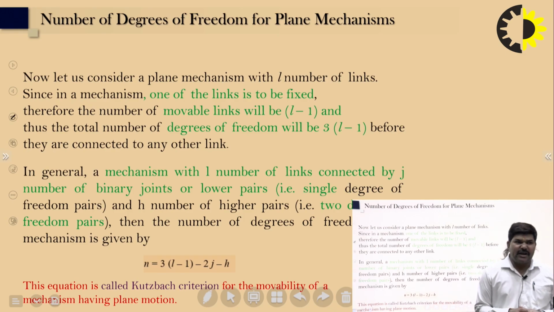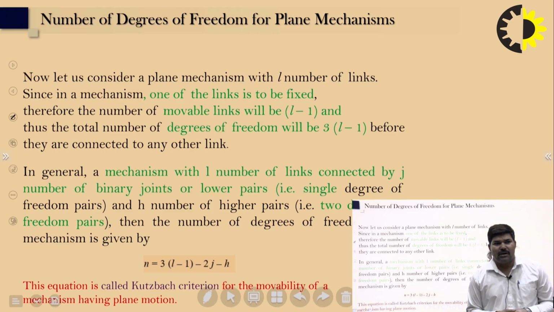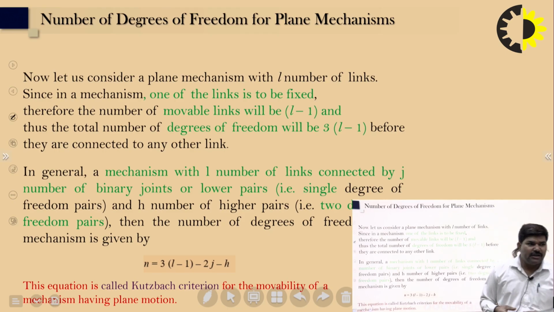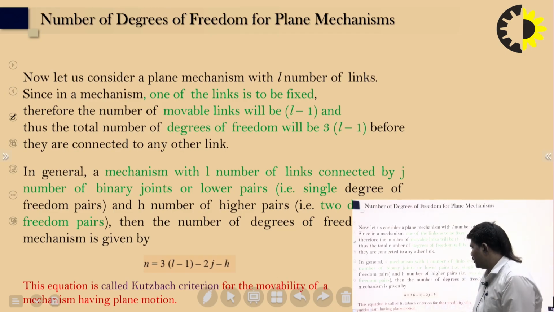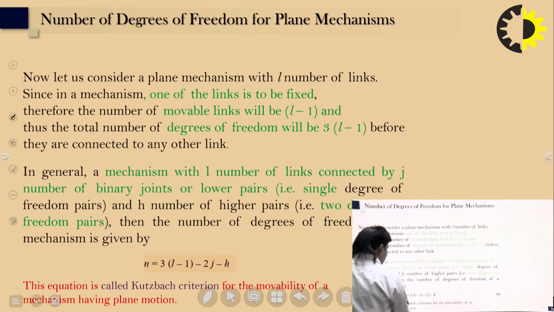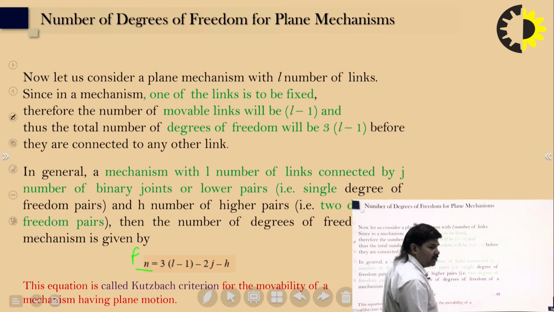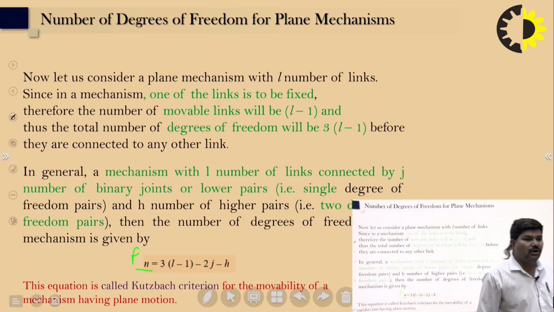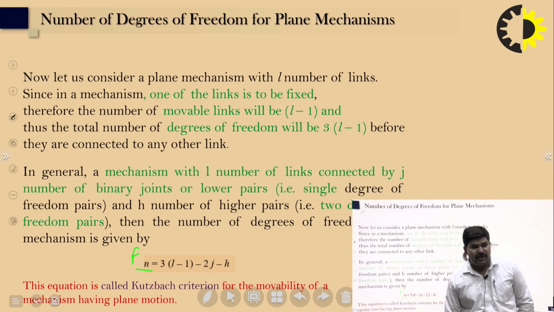In general, a mechanism with L links is connected by J binary joints as lower pairs, and H higher pairs. A lower pair removes 2 degrees of freedom, and a higher pair removes 1. The number of degrees of freedom of the mechanism, called F or n, is n equal to 3 into L minus 1 minus 2J minus H. This equation is called the Kutzbach criterion for the movability of the mechanism.